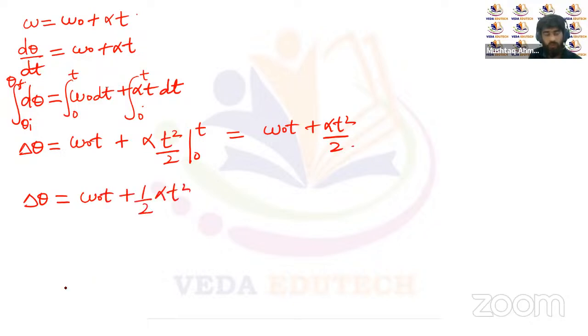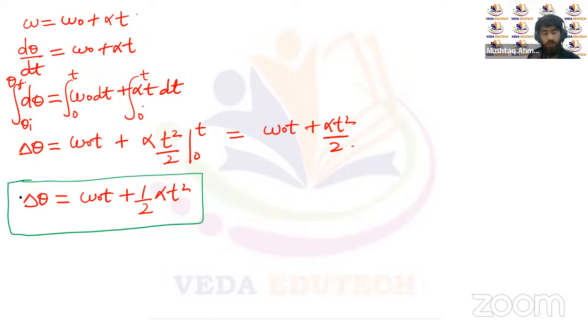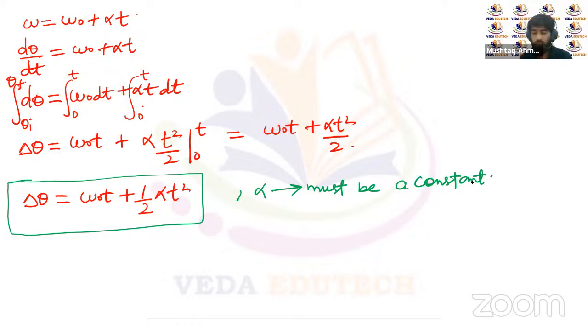This is the third equation for circular motion where the angular acceleration is constant. Alpha must be a constant to use this equation, otherwise we cannot use it for circular motion. So these are the three important equations.